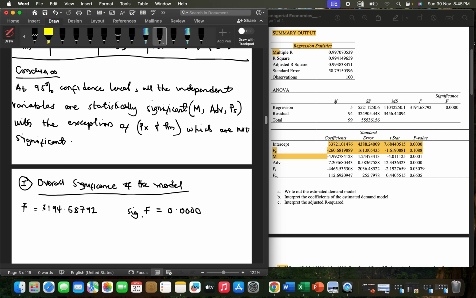If this is greater than this one, that means the overall model is statistically significant.